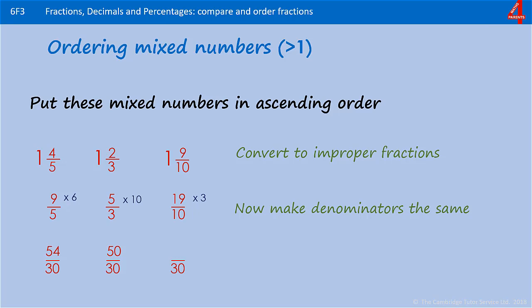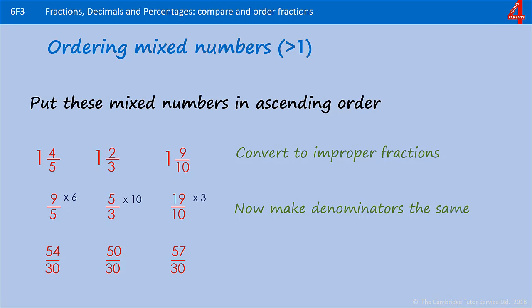19 multiplied by 3. Remember from the calculations section, one tip, if you're multiplying a 2-digit number that you wouldn't necessarily know the times tables for, you can partition the number. So in 19, we could have 3 times 10 add 3 times 9. 3 times 10 is 30, 3 times 9 is 27, 30 add 27 is 57.